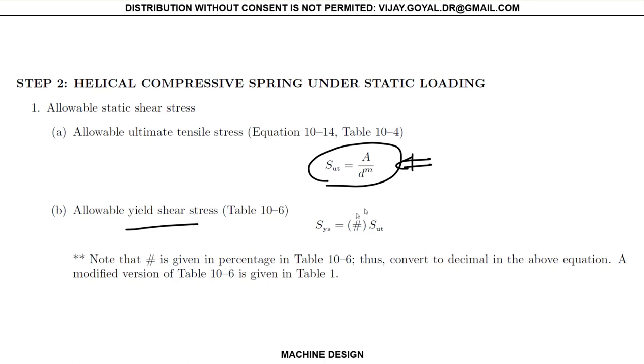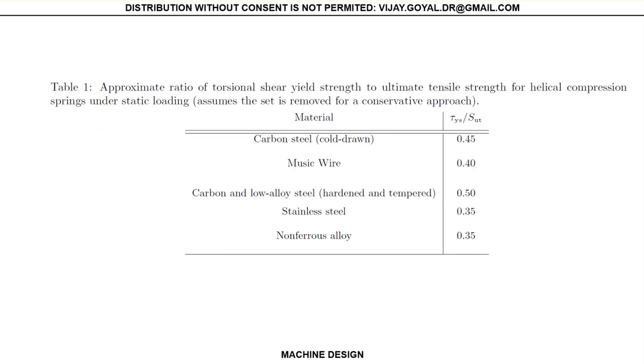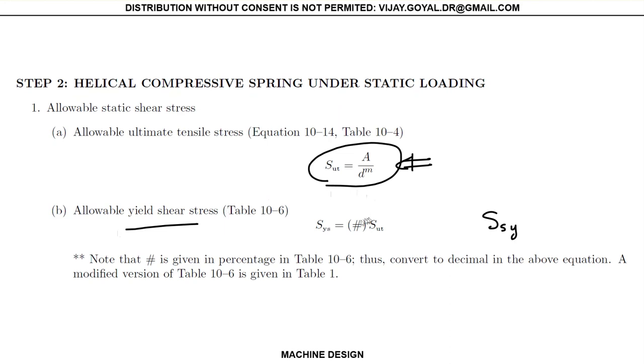stress, shear stress. The allowable yield shear stress is given by YS. Some textbooks use SY. I use here YS in our convention. And what number goes here, it will go using this table. Your textbook has this table, but this is expanded, and so I recommend you using this one. These are the values that go inside here.